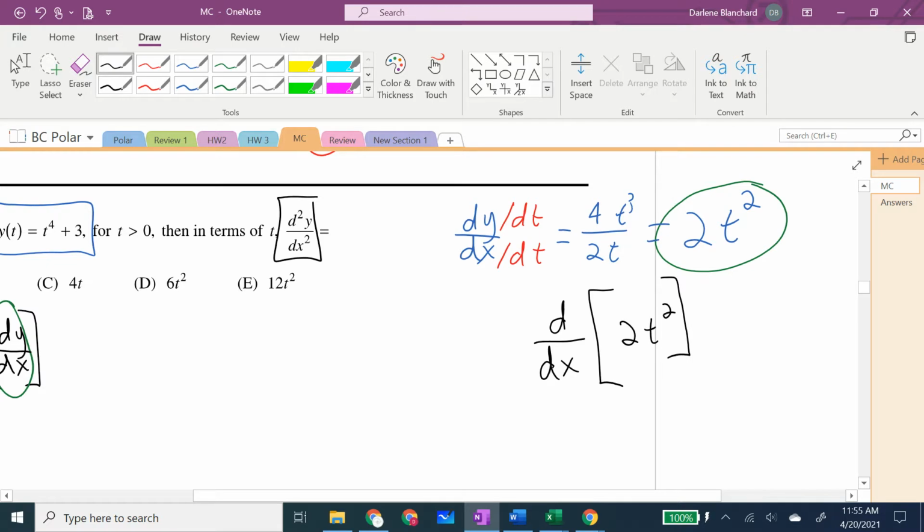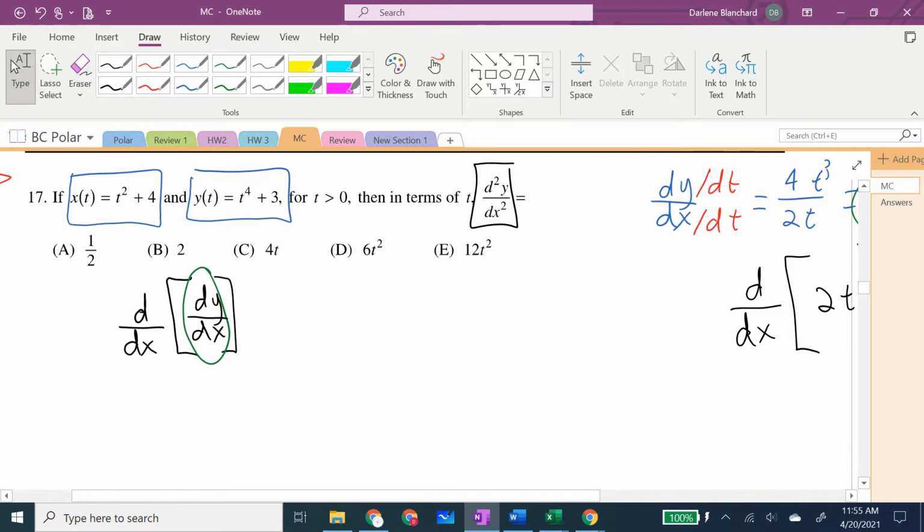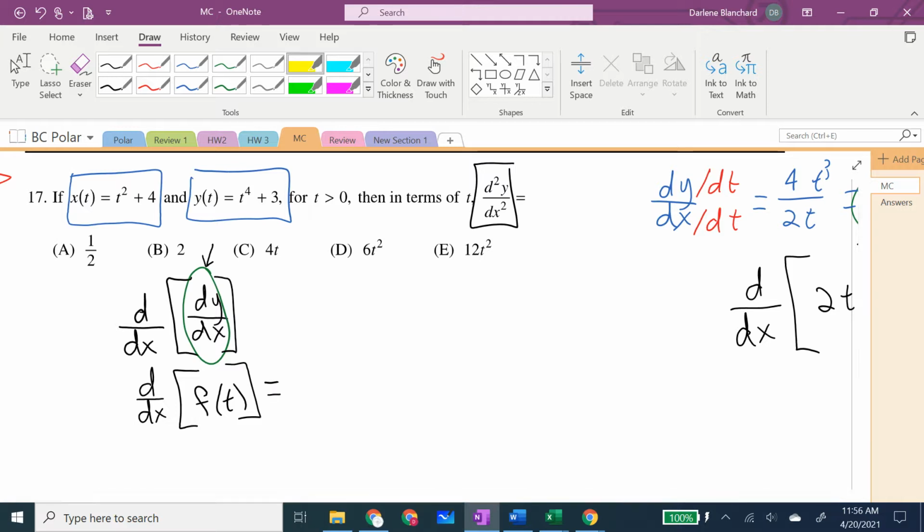So technically, if you do chain rule, if this is a function with respect to t, and I don't see any f being used here, so I'm going to say that dy dx is f of t. And I need to take the derivative with respect to x. When I chain rule, I go, look at the cute little baby t.